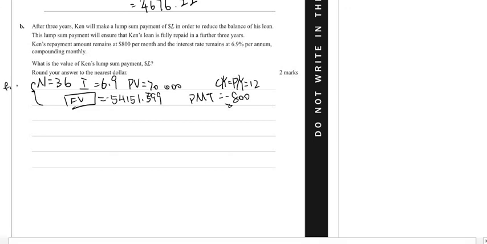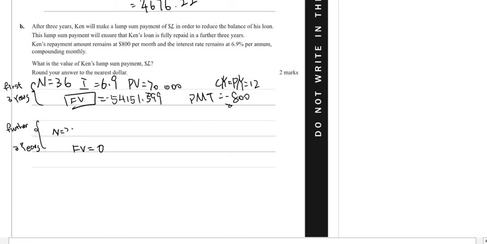So the stage 2 will be my further 3 years. If Ken's loan has been paid off, then I know the future value after the further 3 years will be 0 over here.